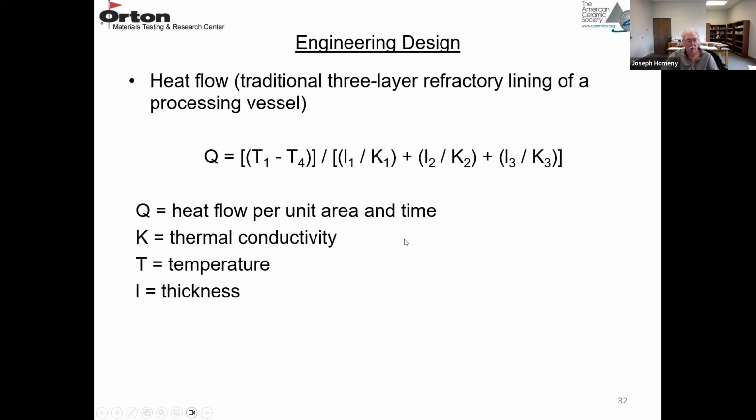So the heat flow equation becomes T1 minus T4, the hot face minus the cold face temperature, and then for each one of these linings, the thickness divided by the conductivity. So L1 over K1 plus L2 over K2 plus L3 over K3. So that equation will give you your heat flow.